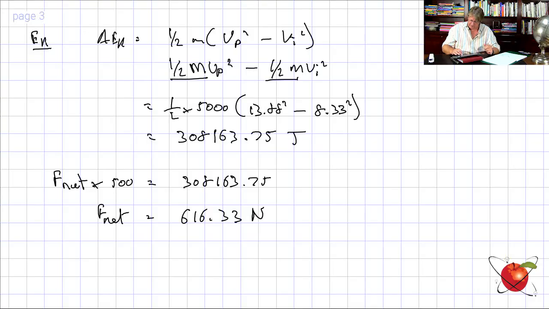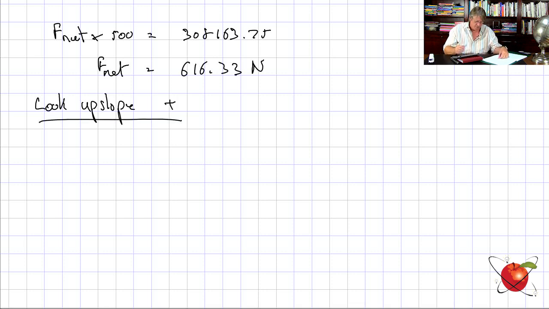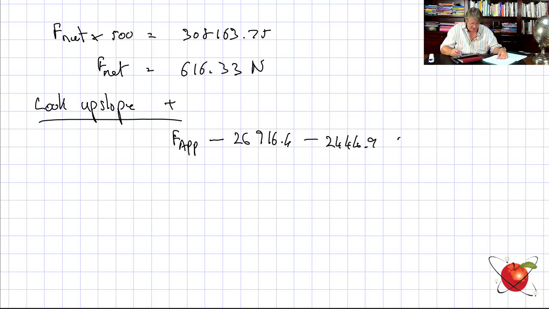Therefore, okay, now we look upslope. We say, right, look upslope as, say, positive. Remember, we've done this before. We say, therefore, F applied minus 26,916.4 minus 2444.9 must be equal to 616.33.